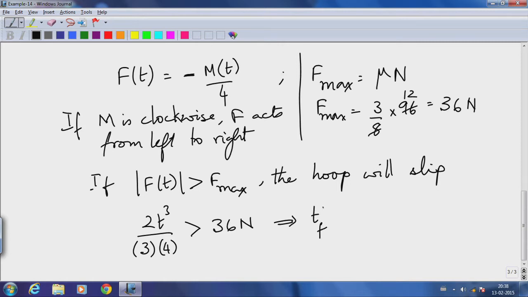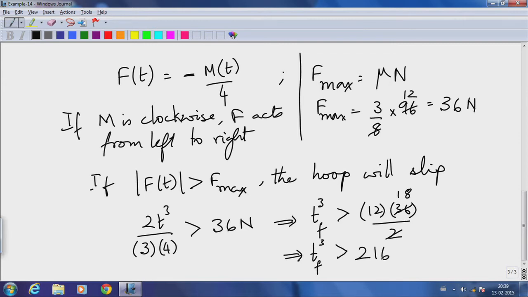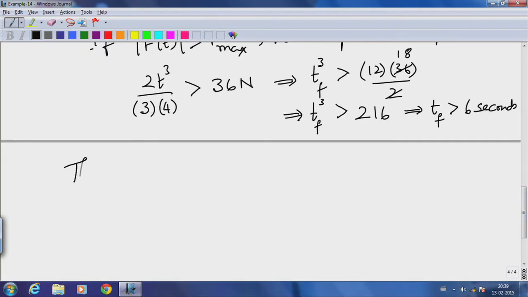So, if I take care of this calculation, which implies if Tf is greater than 6 seconds, the hoop will slip.